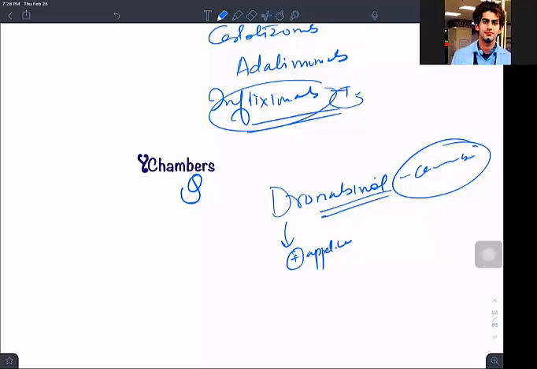But if someone is having delayed vomiting, what will you be giving? Aprepitant. And also you can use palonosetron. Palonosetron is also effective in delayed emesis.